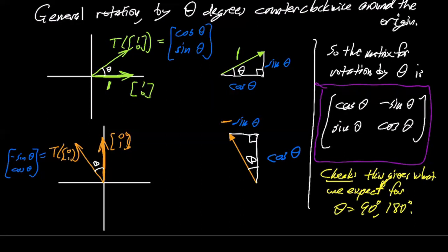So that should work. It's kind of neat. Now we can actually write down the general rotation. You could also multiply this matrix by x1, x2 to get the general formula, but it's not that illuminating. The matrix is what you want to try to remember. And it's got that nice pattern: cosine, sine, minus sine, cosine.